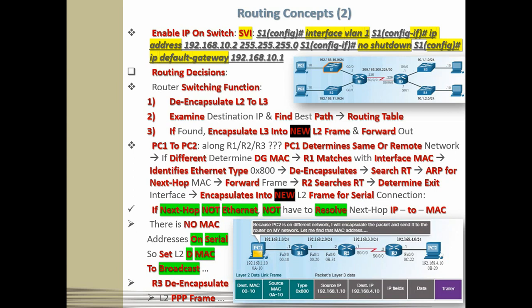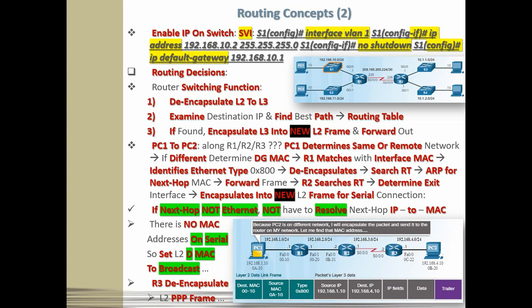PC1 at the very beginning of this scenario must determine if the destination IP address is on the same network. If it is on the same network, it simply means that PC1 needs to obtain the destination MAC address from its ARP cache memory or use an ARP request, address resolution protocol ARP request.